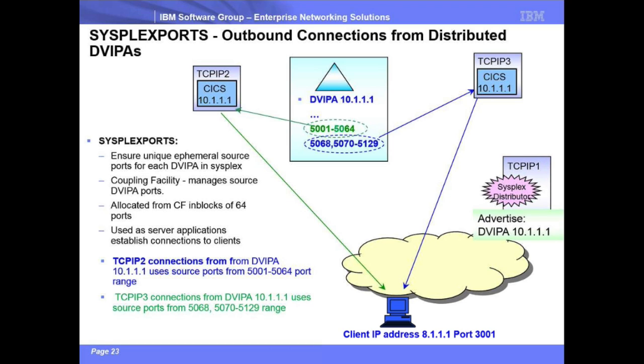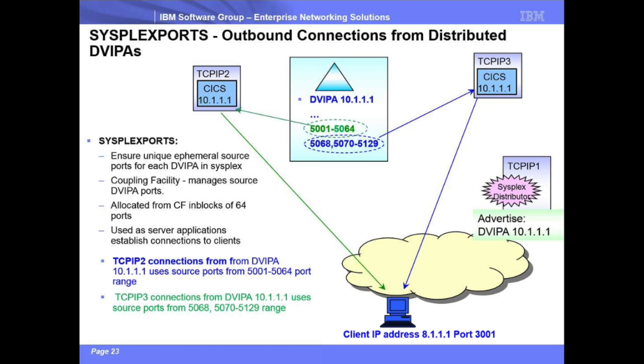And so now when a CICS application attempts to establish a connection to the client IP address and the same port 3001, if it's coming from TCP/IP2, the source port is going to come from the 5001 through 5064 port range, and the outbound connection from the CICS application on TCP/IP3 is going to use a port from the blue port range.